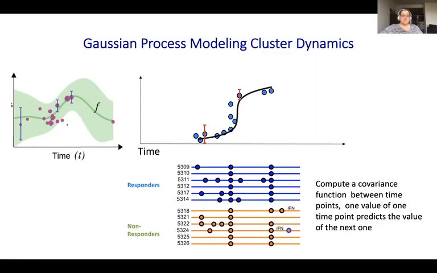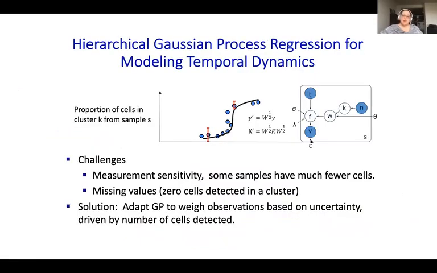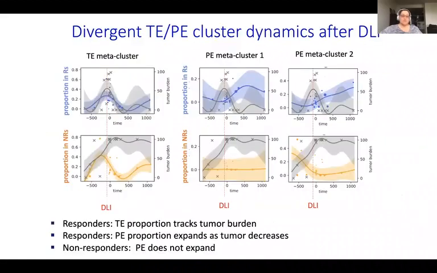So we built a Gaussian process, a special Gaussian process that particularly took into account the fact that some of our samples had much fewer cells. We had a lot of dropouts, missing values. So we had to take into account that not all samples have the same number of cells, not all samples are of the same quality, and we needed to adjust our learning and trust more the high quality samples than the lower quality samples.